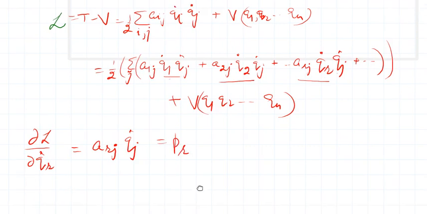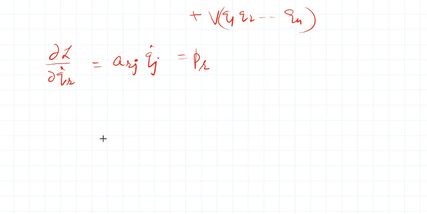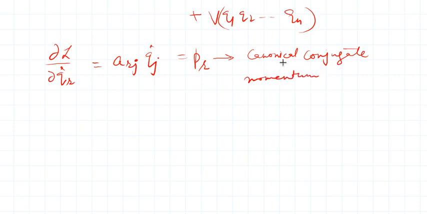So this Pr is known as the canonical conjugate momentum corresponding to Qr.